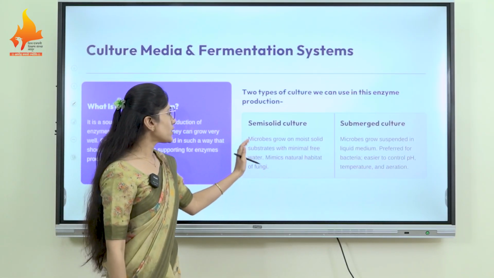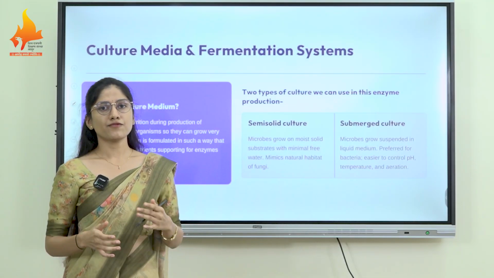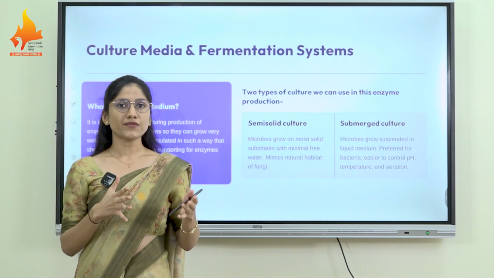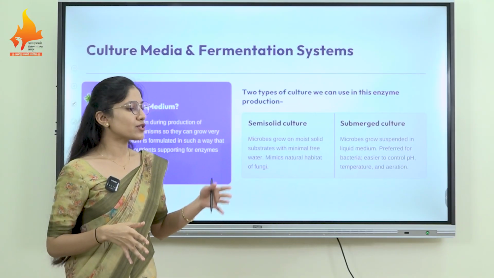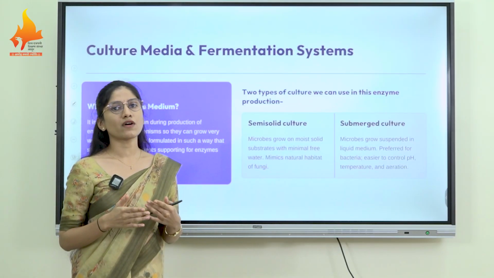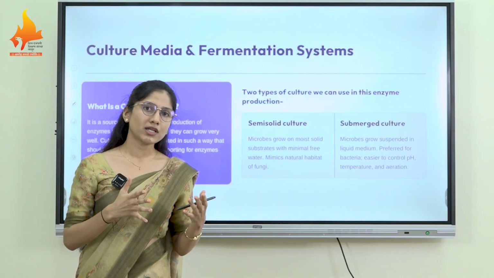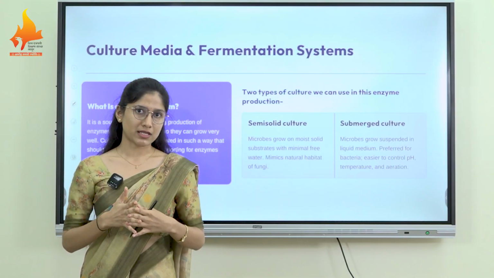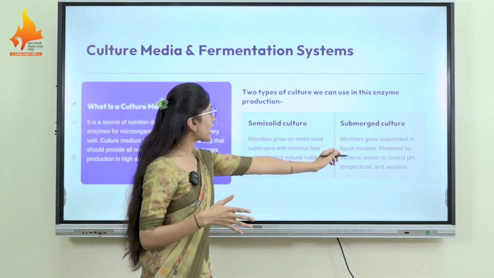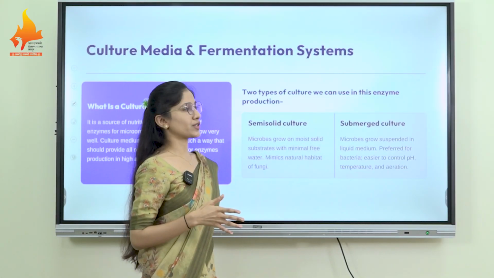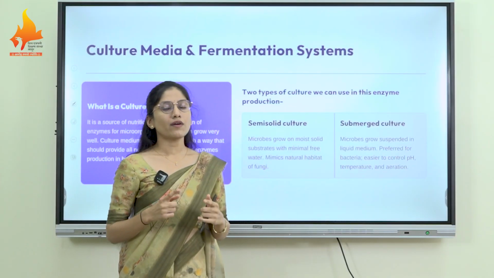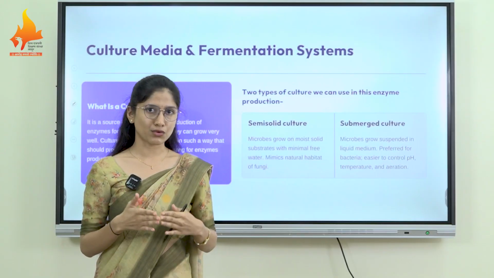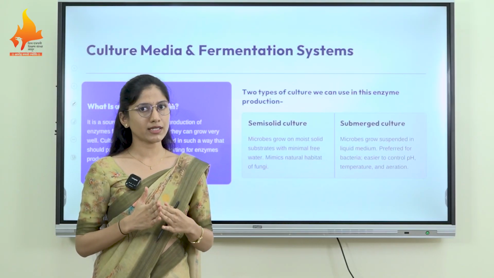Here we use semi-solid substrates, for example moistened wheat and rice bran with lots of nutrients, which support the growth of microorganisms, and these microorganisms give the maximum amount of enzymes. The second is submerged culture. Here, instead of a semi-solid substrate, we use liquid media with lots of nutrients for the growth of microorganisms.